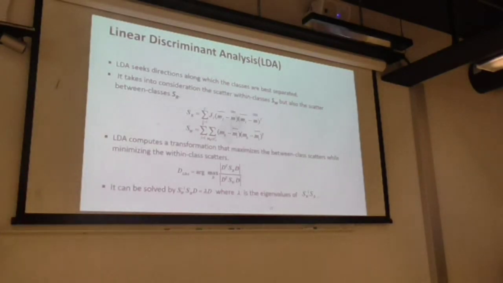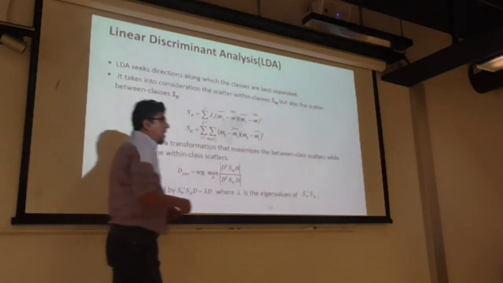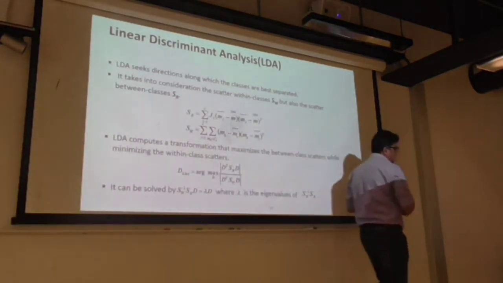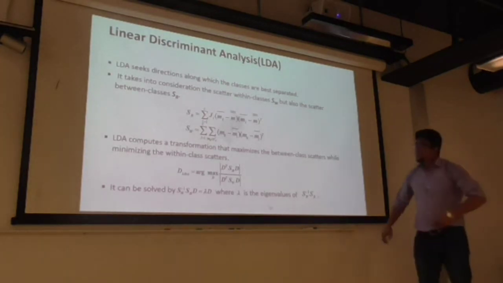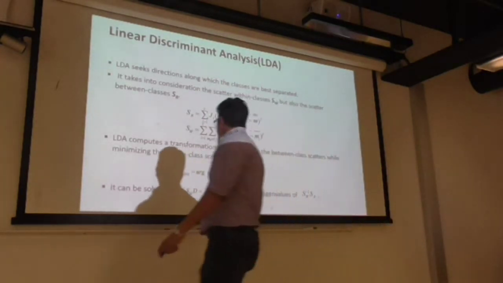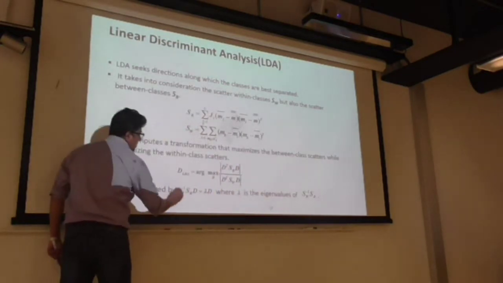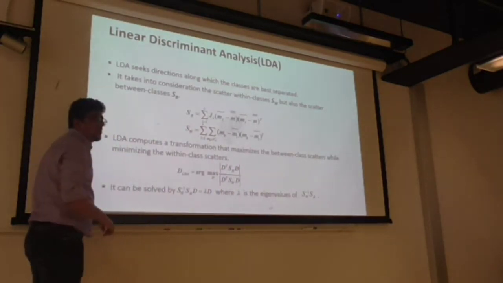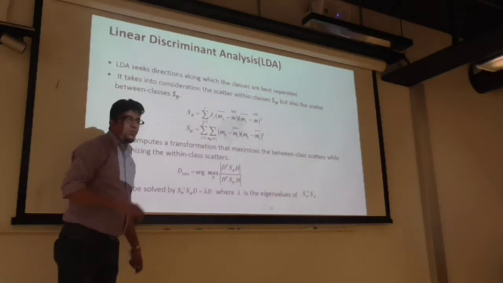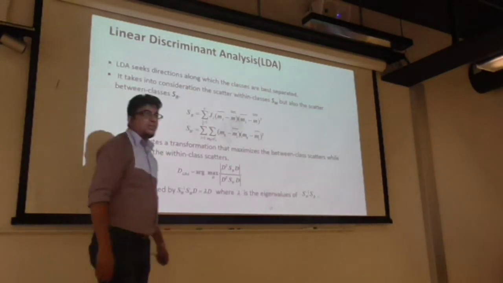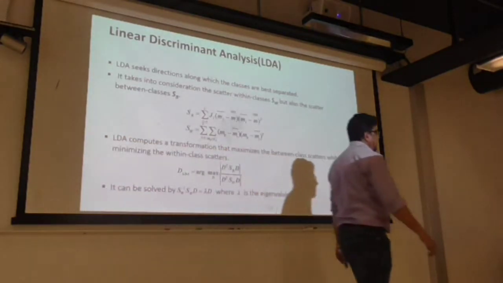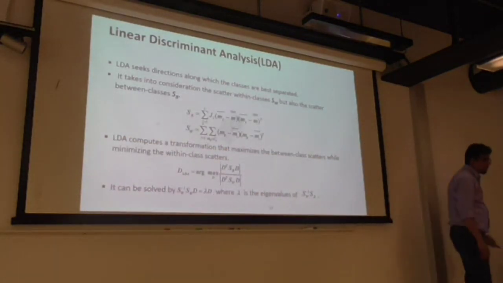So find the maximization of this between classes. That's basically how LDA works. Similar to PCA, you can just do eigenvalue decomposition on SW inverse SB. So find these two matrices, multiply them, find the eigenvalue decomposition, and project. That will be okay.